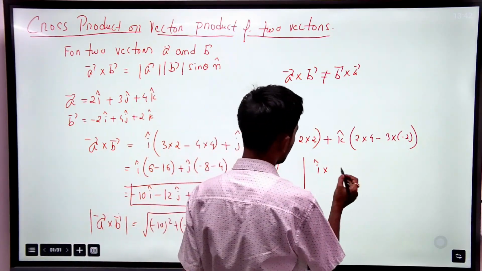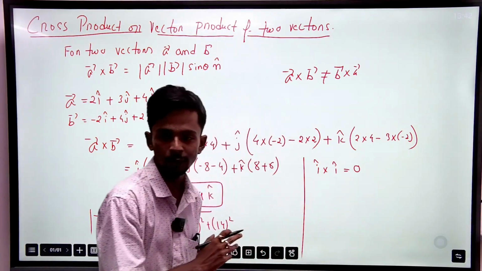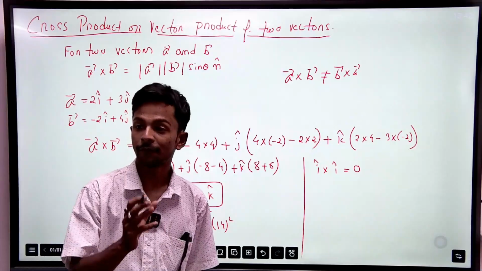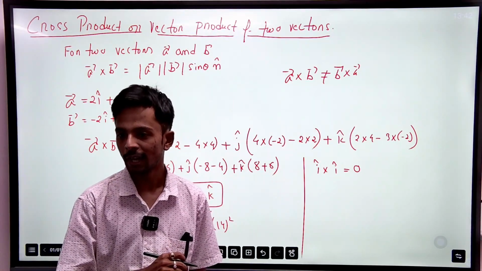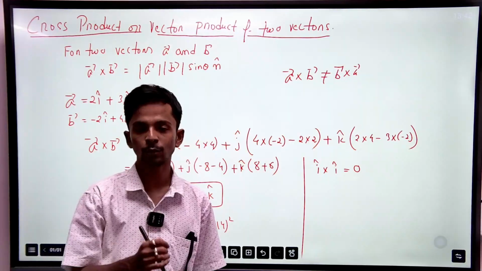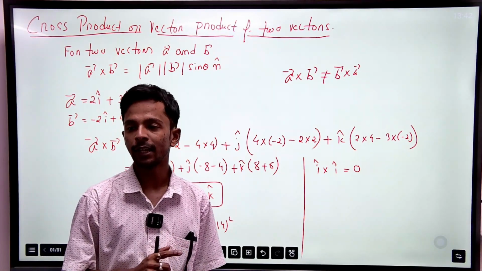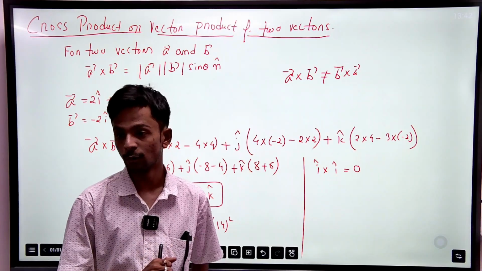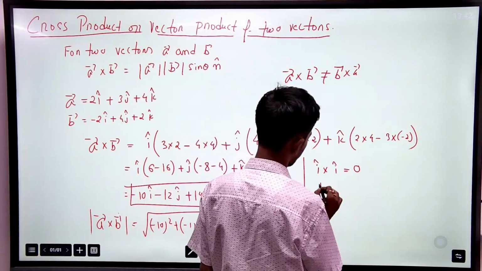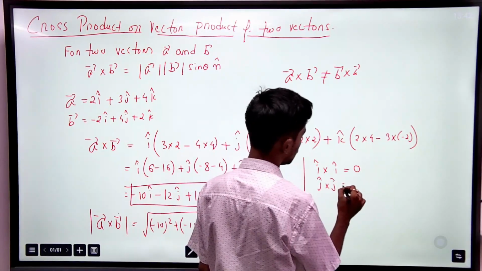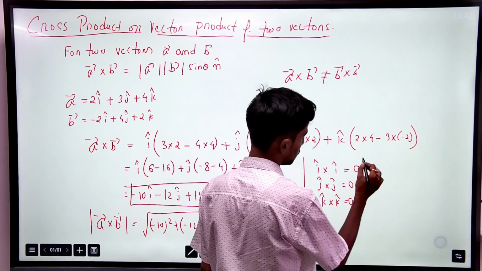But when you take i cross i, then it will be 0, because the theta is 0 degree here, sine 0 is 0, right? In dot product cos 0 is 1, that's why we get i dot i is equal to 1. But here i cross i will be 0, because sine 0 is 0. Similarly, you can get j cross j equal to 0, k cross k equal to 0.